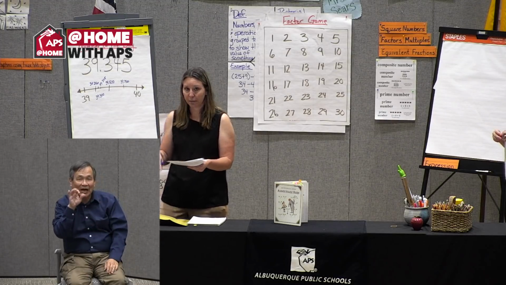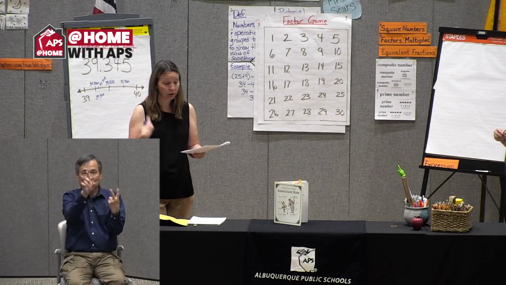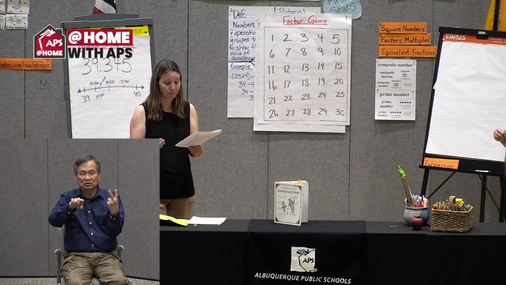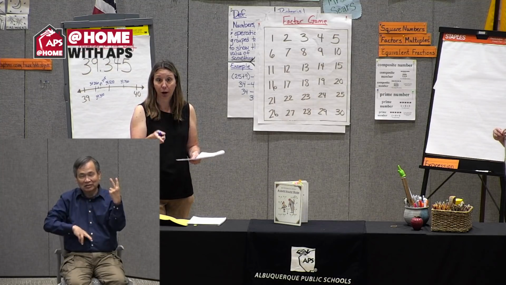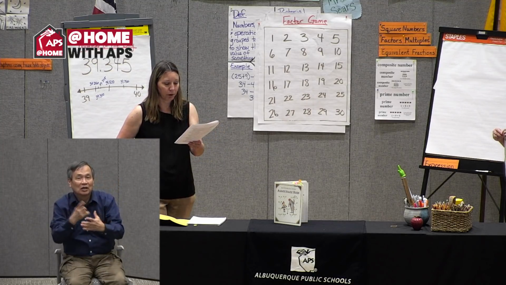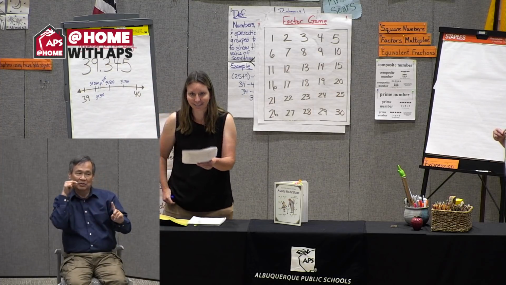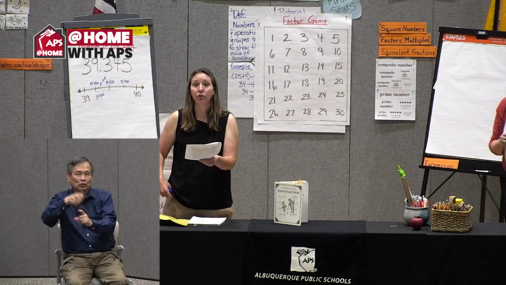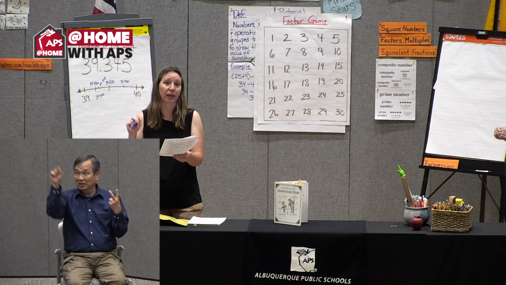So for example, for 12, the factors are 1, 2, 3, 4, 6, and 12. But for proper, the proper factors of a number are all the factors of that number except for the number itself. So she could circle 1, 2, 3, 4, and 6, but she can't circle 12.